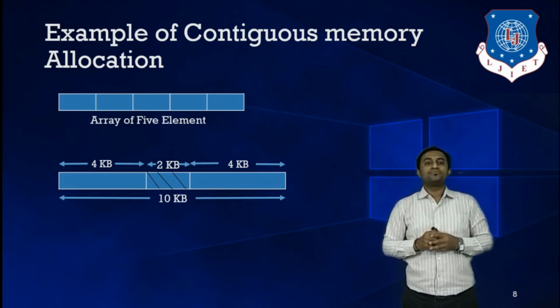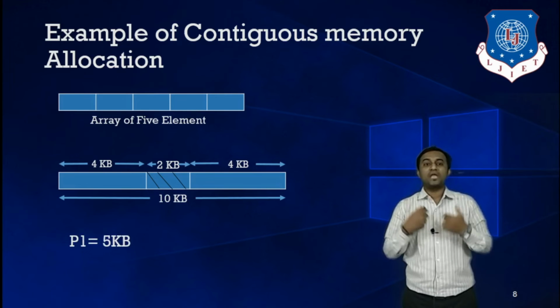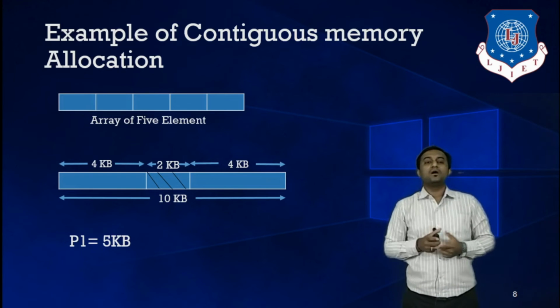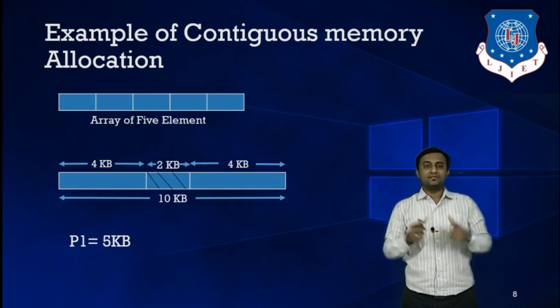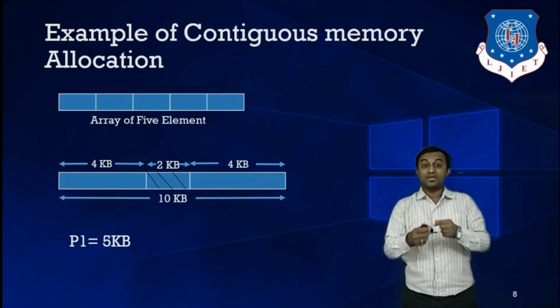If you are following a contiguous memory allocation strategy, and a process requires 5 KB, can we accommodate this process into main memory with memory in this fashion? The answer is no. Why? What is the requested size?